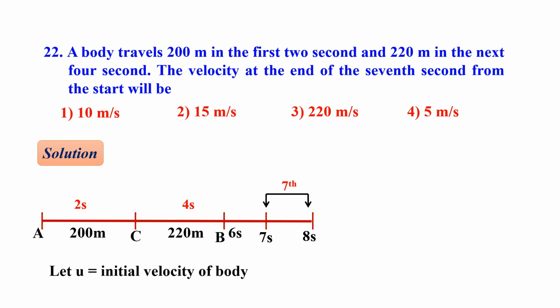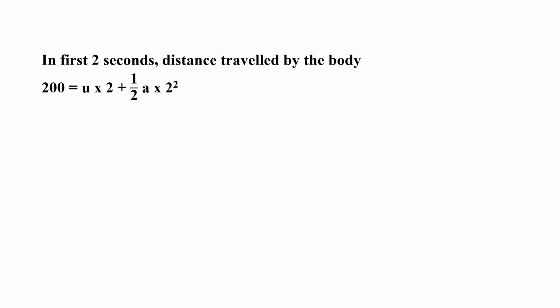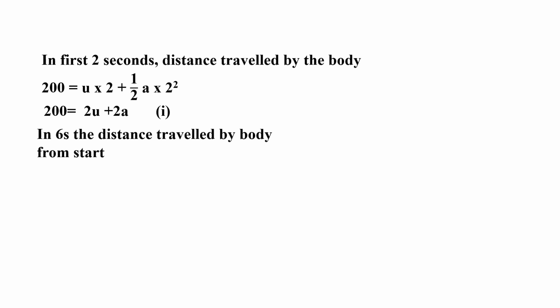Let u be the initial velocity of the body. Next, in first 2 seconds, distance travelled by the body is 200, equal to 2u plus half a into 2 square. 2 square is nothing but 4. So 200 is equal to 2u plus 2a. This is equation number 1. And in 6 seconds, the distance travelled by the body from the start is 200 plus 220, 420 meters.